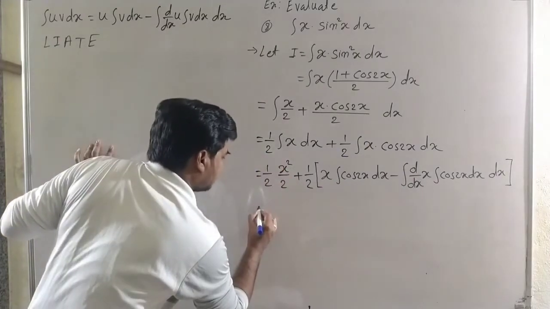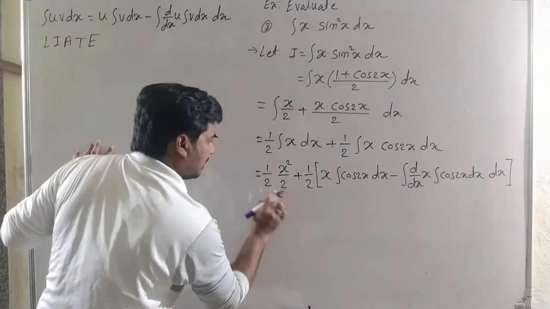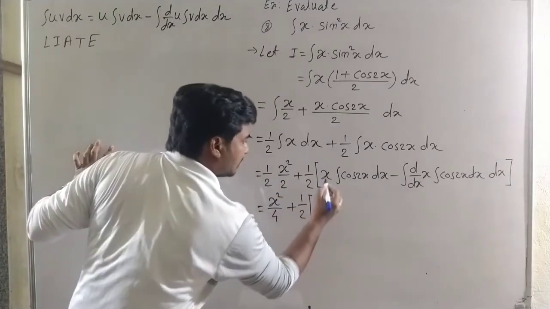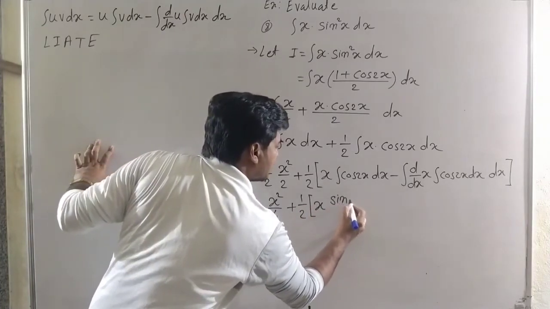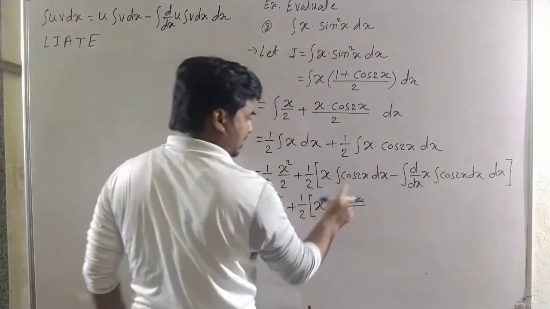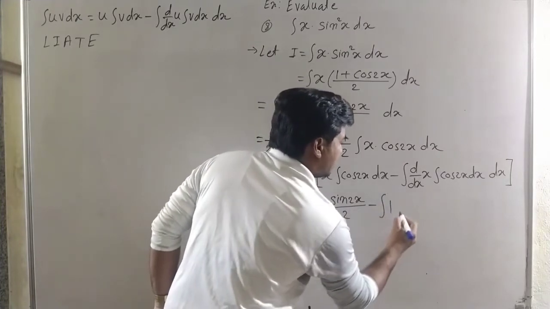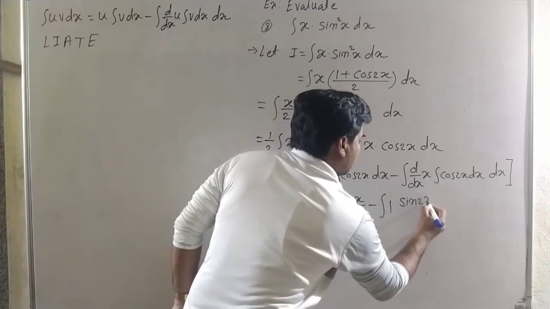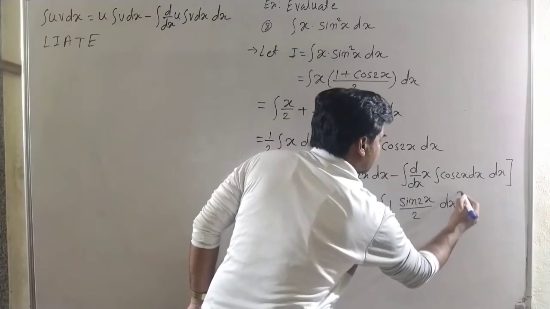Here it is x square by 4 plus 1 by 2 into, see carefully here, x into integral of cos 2x, which is sin 2x upon 2, minus integral of derivative of x, which is 1, and integral of cos 2x, sin 2x upon 2, dx.